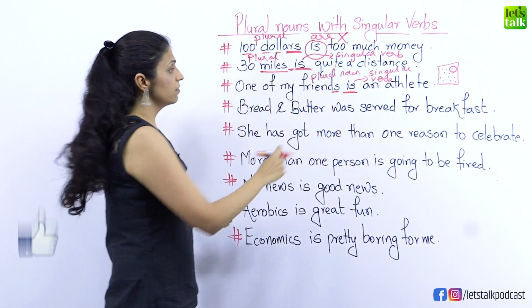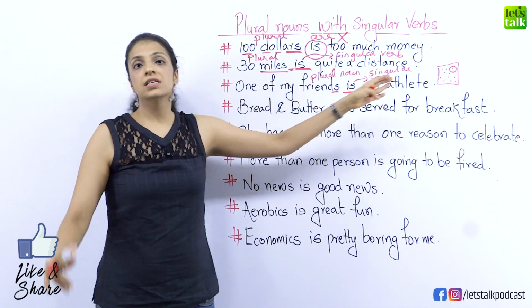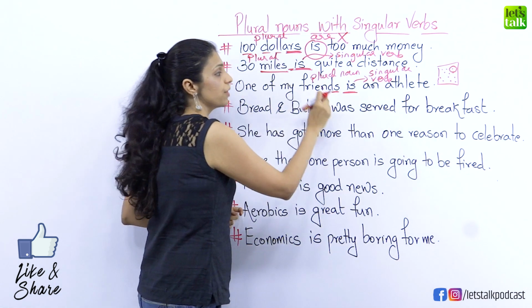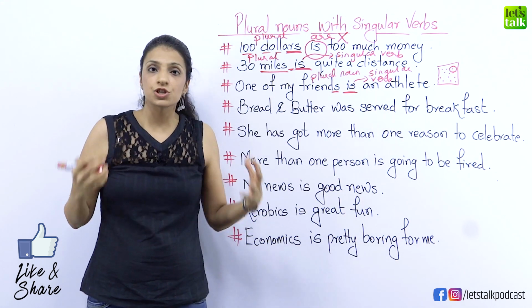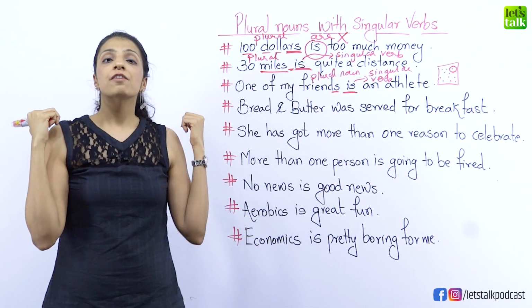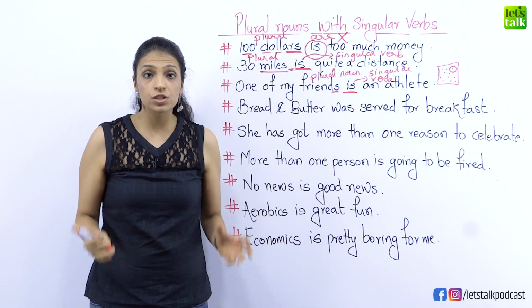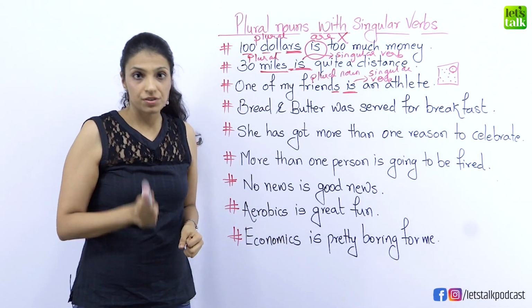So just because you have a plural noun here, you do not use a plural verb and say one of my friends are. No, that is incorrect. One of my friends is. One of my favorite dishes is. One of my favorite songs is. Because I have a lot of favorite songs, but one of them is, okay? Remember that, it's very important.